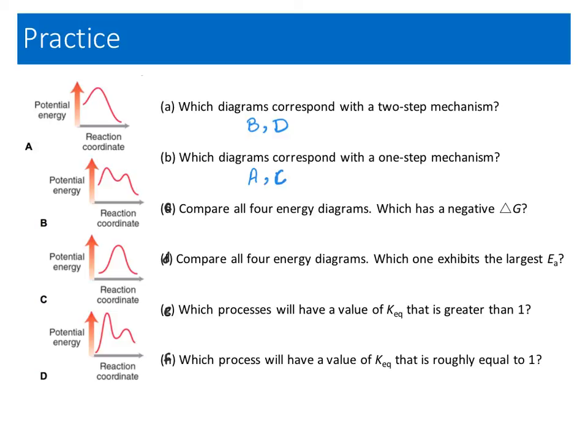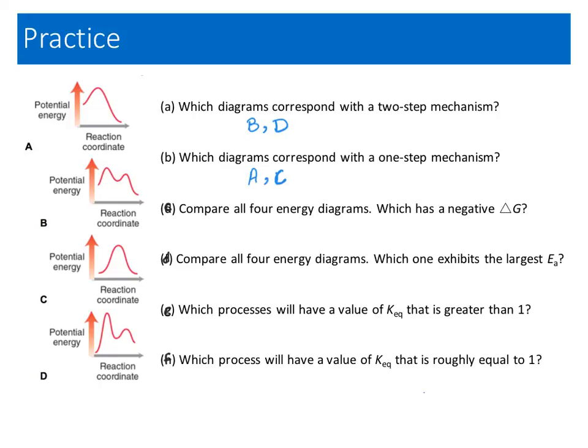Compare all 4 energy diagrams which have a negative delta G. For the negative delta G, we need to look at the energy level of reactants and the products. When the products are more stable, we have negative delta G. So in diagram A, products are more stable than the reactants, and also in diagram B, products are more stable.